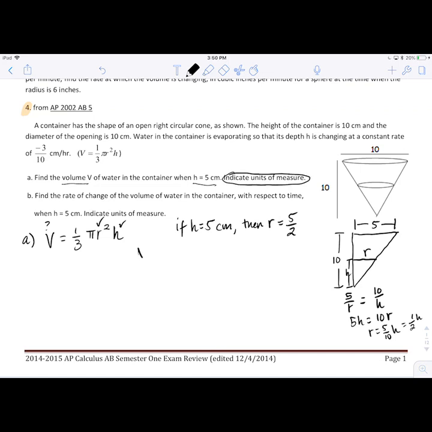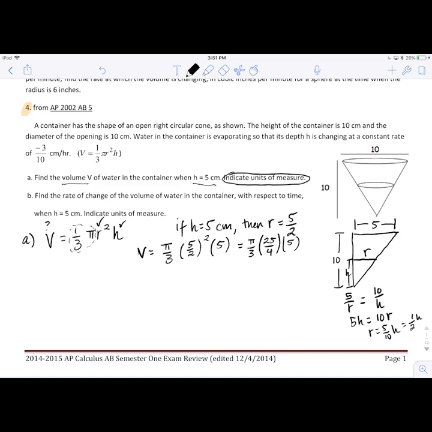So the volume is equal to, I'm going to make this 1/3 pi just be pi over 3. That makes it easier to look at. The r is 5/2. We're going to square that times the height, which is 5. And then we get pi over 3 times 5 squared is 25, 2 squared is 4, and then we're going to multiply that by 5.